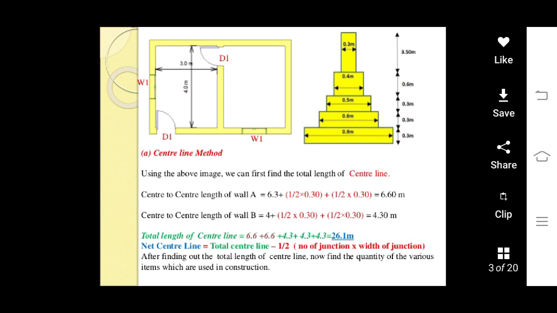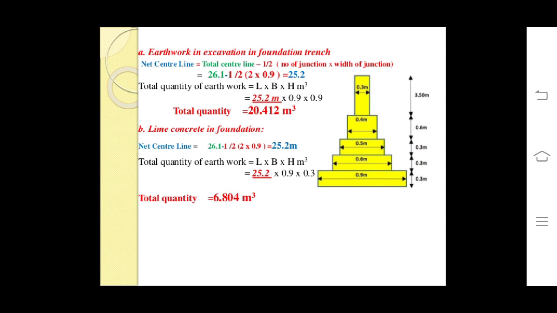The net centerline length of building is equal to total centerline length minus half the number of junctions into width of junction. After finding out the total length of center line, now find out the quantity of various items which are used in construction. The first item for finding out quantities is earthwork in excavation in foundation trench or footing trench. The net centerline length is equal to total centerline length minus half the number of junctions into width of junction.